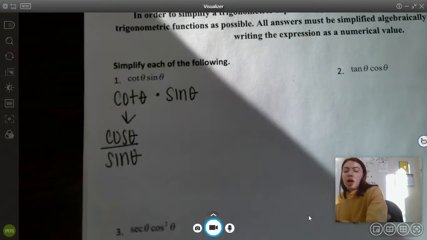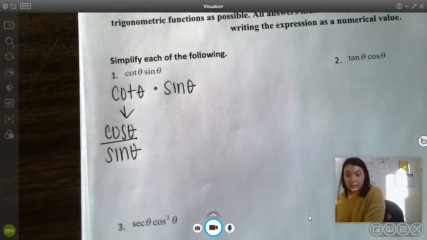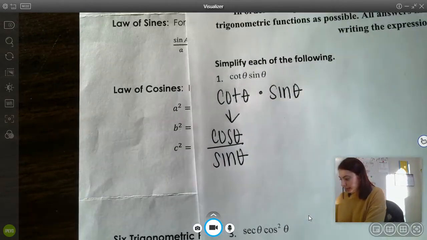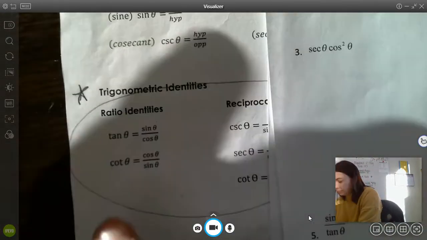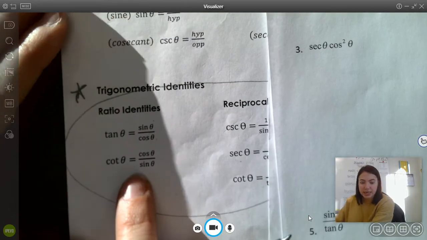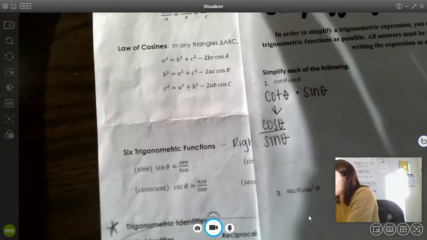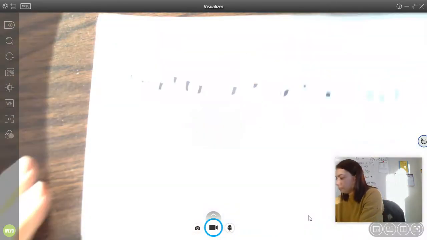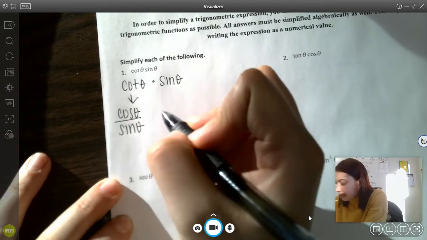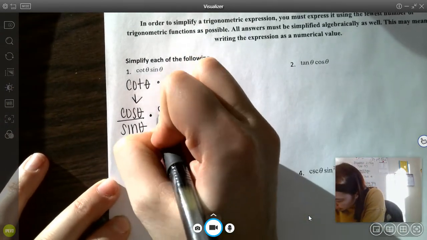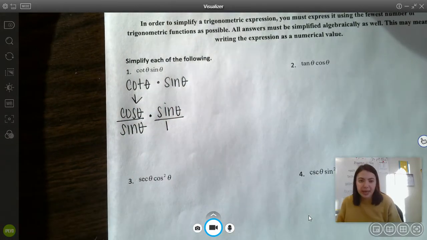If you take a look back at our little cheat sheet, which I thought I had right next to me but I guess it was underneath, we see right there that cotangent is the cosine of theta over the sine of theta. So now, the cosine of theta over the sine of theta is still being multiplied by the sine of theta. If you want to put it over 1, you can.